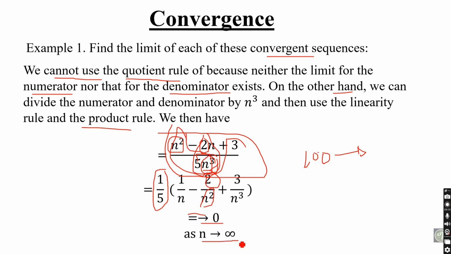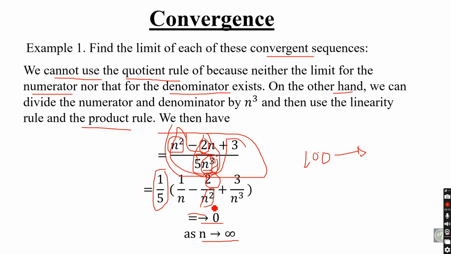As n goes to infinity, the sequence approaches 0. We can check with 1 over n.